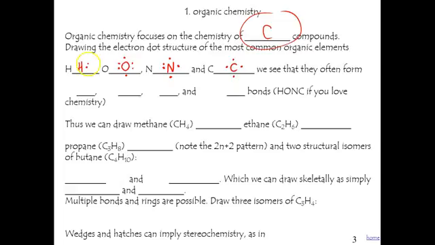And therefore, if you see these things as the bonding electrons, you see that they often form 1, 2, 3, and 4 bonds respectively, giving you a lot of variety in terms of the substances that are formed.